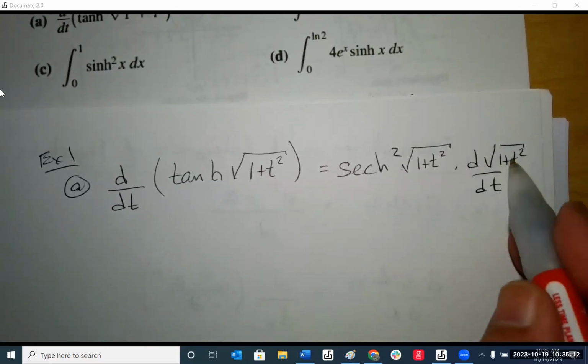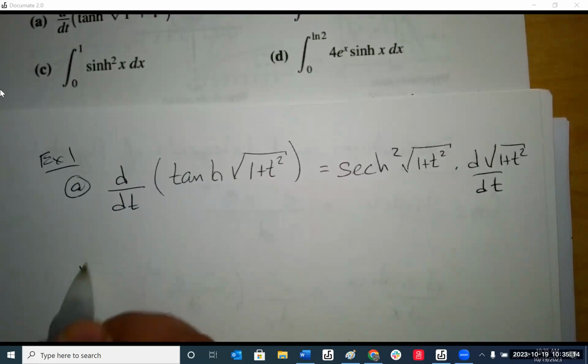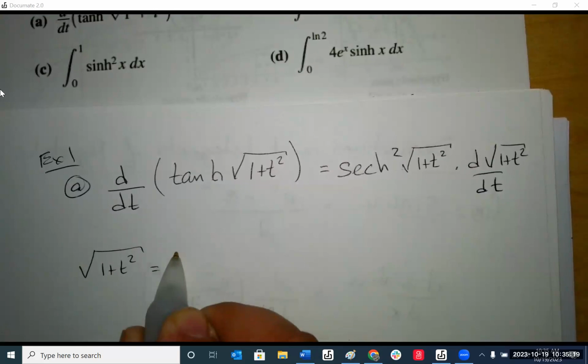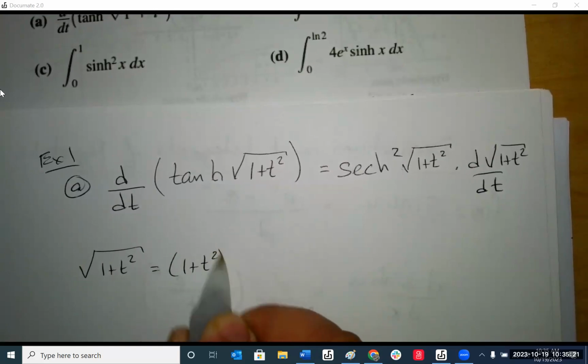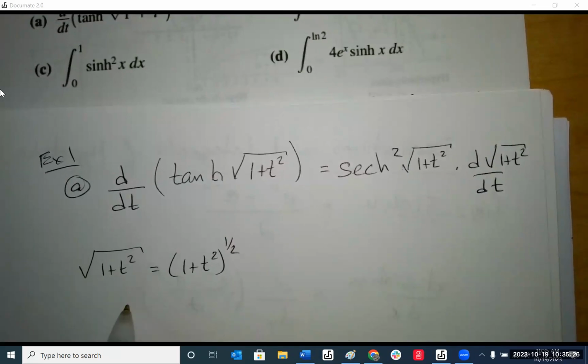Taking the derivative of this, we have square root of 1 plus t squared. That becomes 1 plus t squared to the 1/2 power. Take the derivative of it. So you get 1/2 times 1 plus t squared to the power negative 1/2. Take the derivative of the inside, which is 2t. The 2's cancel.